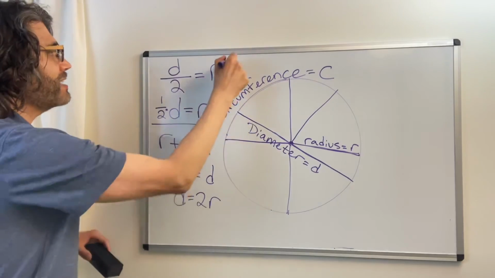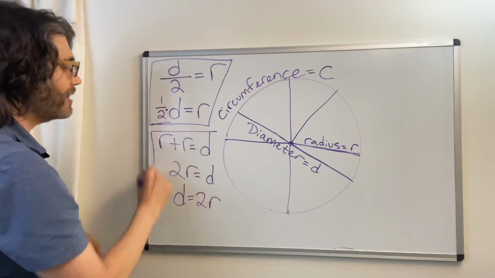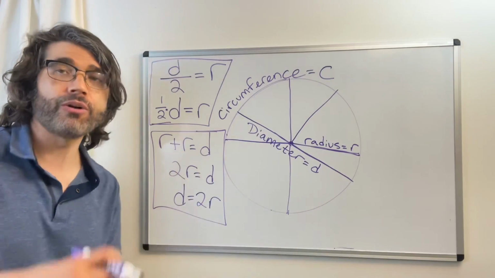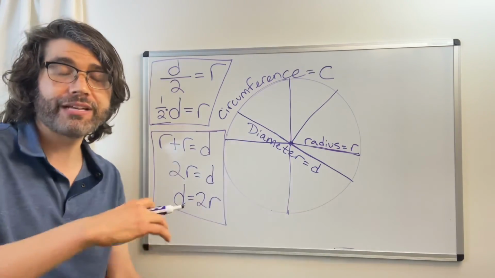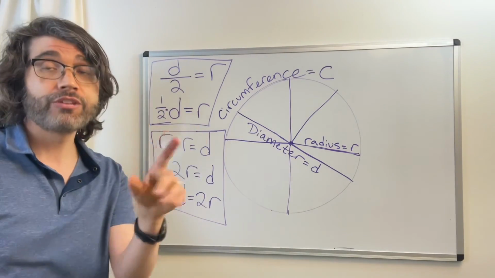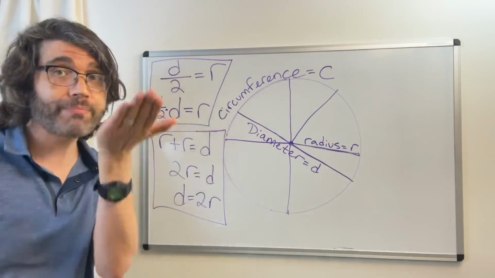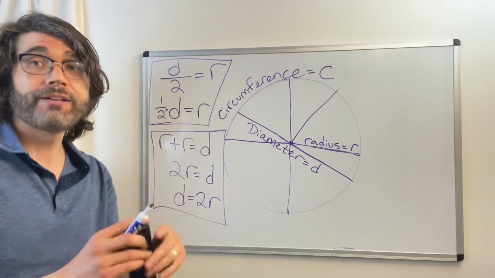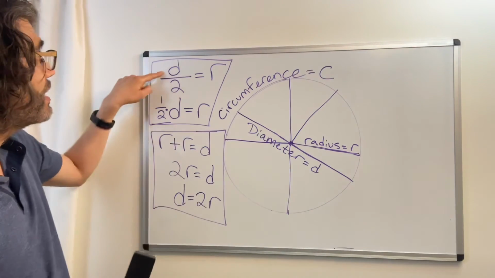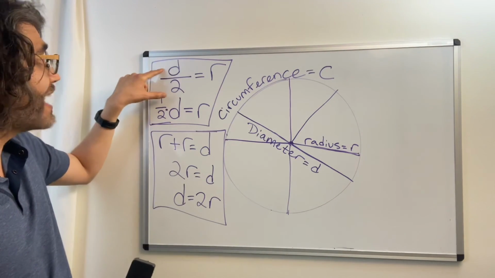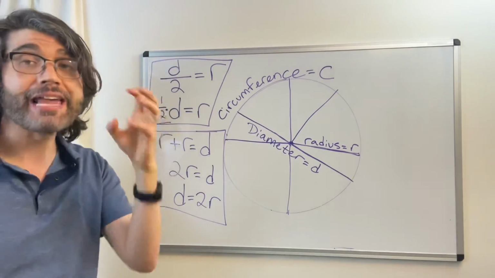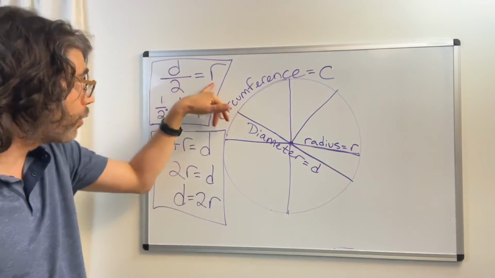So this, as well as this, are all ways to convert a radius into a diameter and a diameter back into a radius. It takes 2 radii to make 1 diameter. So if you have 1 diameter and you chop it directly in half, then you've got a radius and another radius. So if you take your diameter and you divide it in 2, you're left with only half of it, and a half of a diameter is 1 radius.